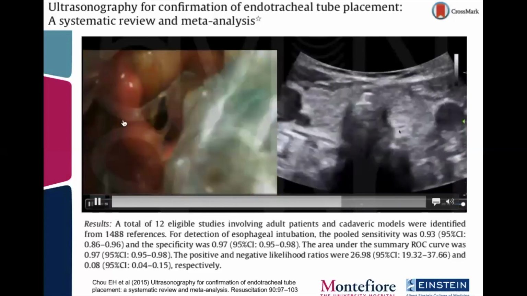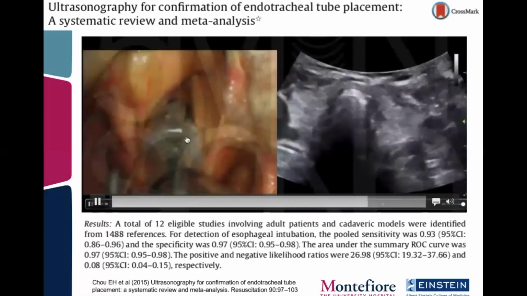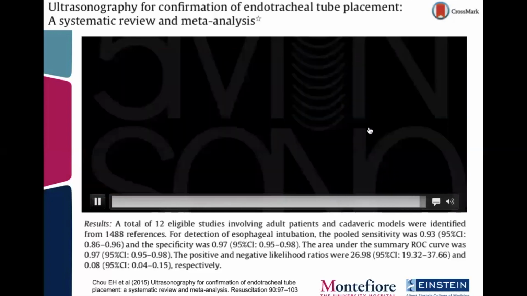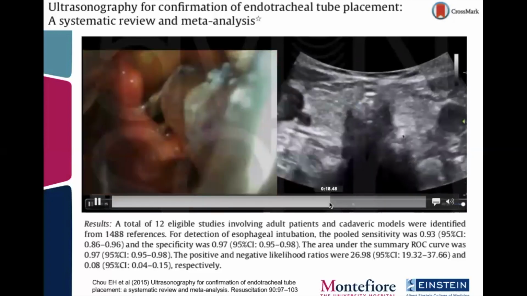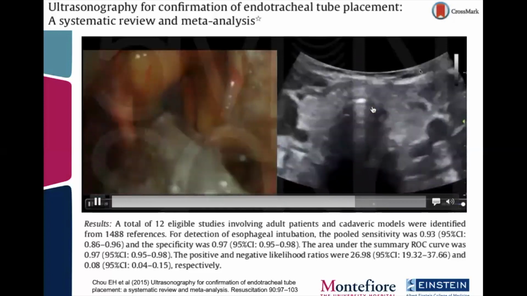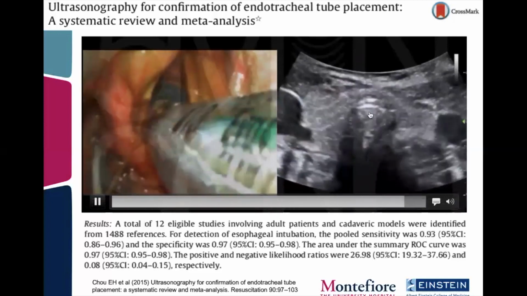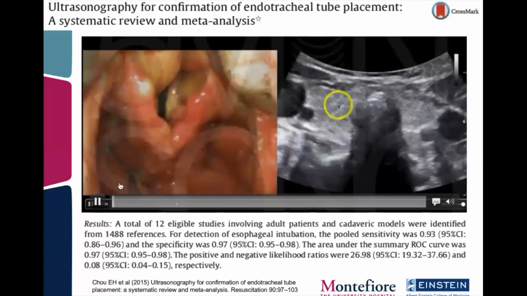Now the person pulls the ET tube back and puts it right through the vocal cords. And here we don't see a second air mucosal interface. We see a slight change in the trachea, confirming that the intubation was successful.